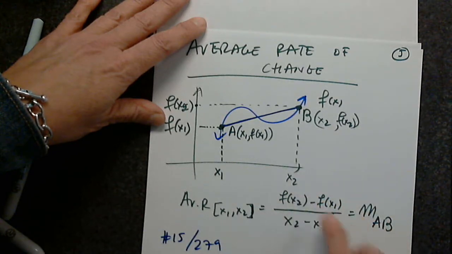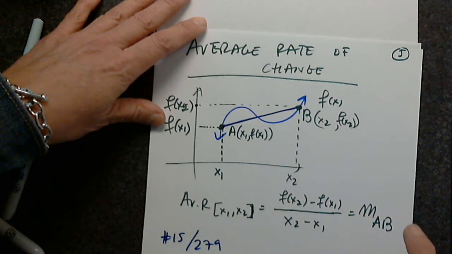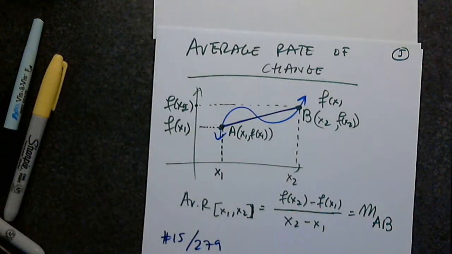And this answer will tell you exactly my average rate of change between these 2 locations. Distance from home minus distance from home over time from home minus time from home.